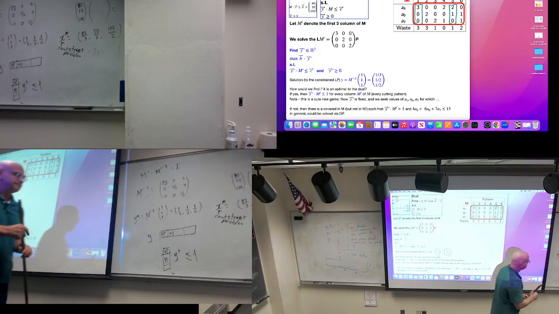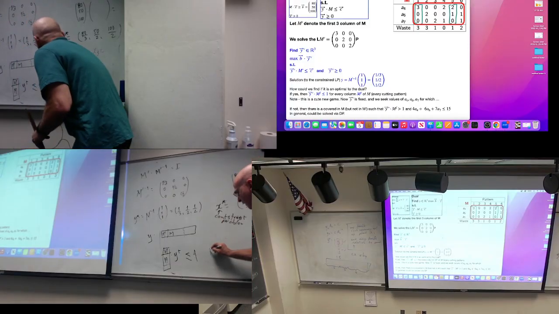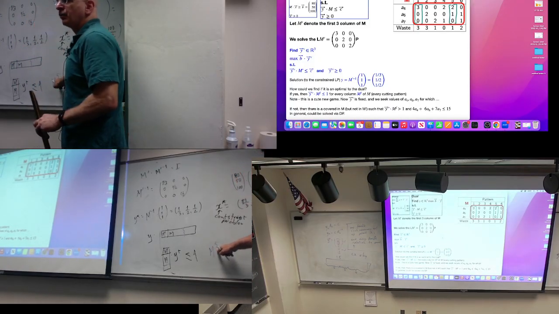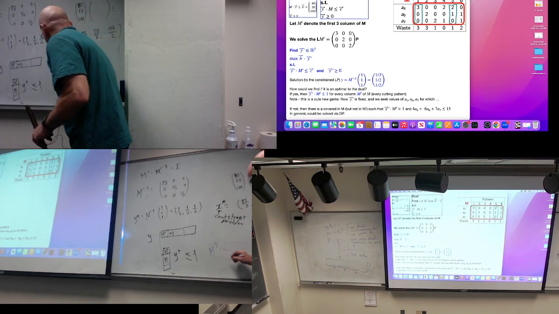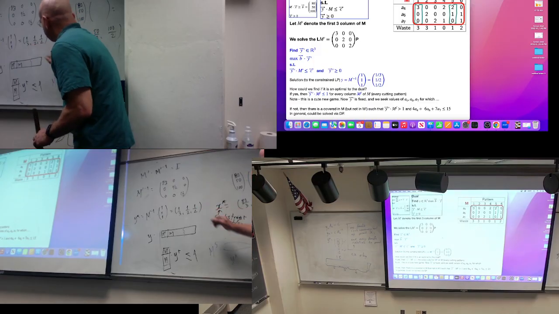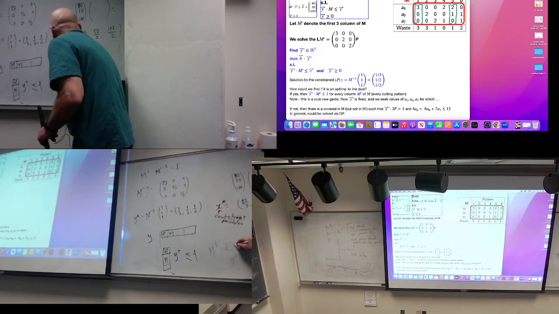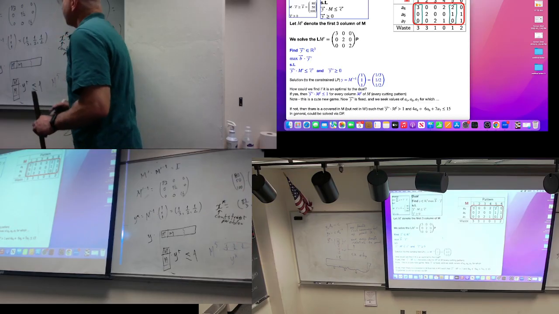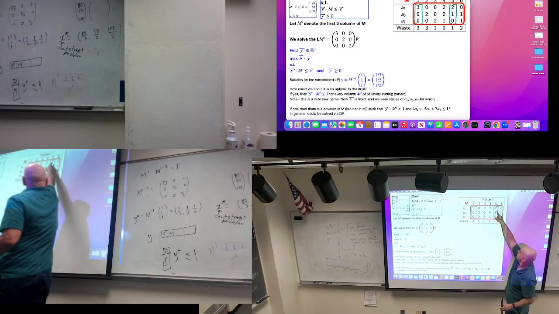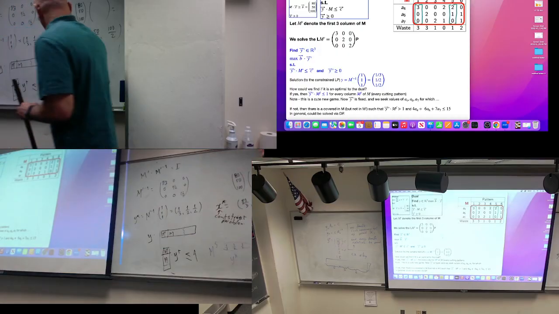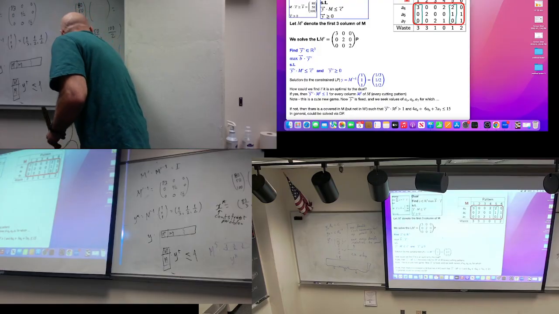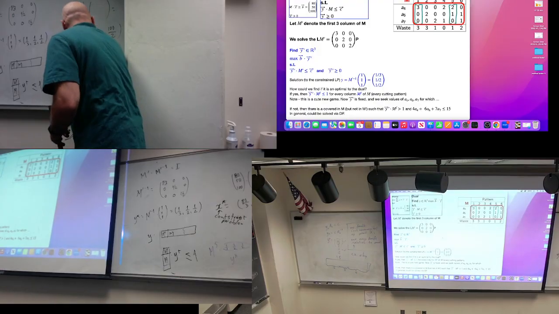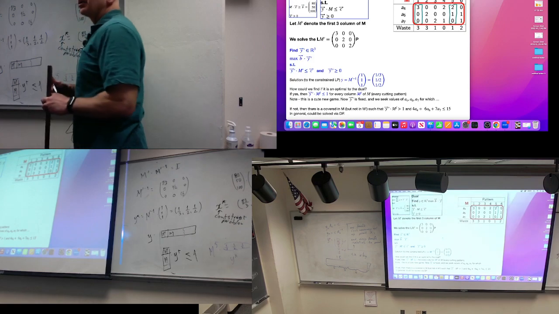If I take this column, M5, the fifth column of M, times this Y star, which is a third, a half, equals 2 times a third plus 2 times a third, 2 of a third plus a half, larger than 1?